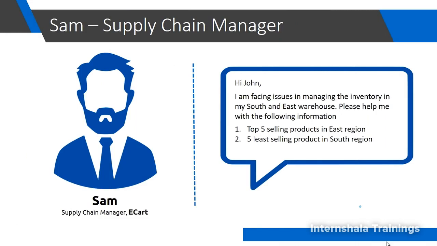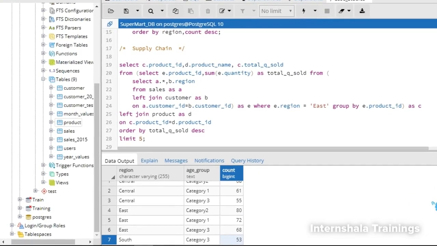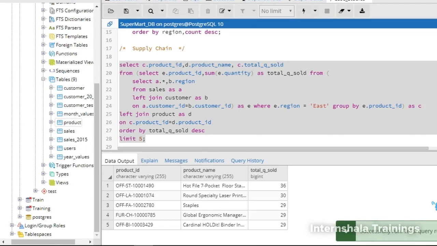Let us see what the ops manager is asking us. He wants to find out the top selling products of East and least selling products of South region. So we go to the database and we write and run the corresponding queries. First, to get the top selling products of East, we run this query. You can see these are the top 5 selling products of East region.